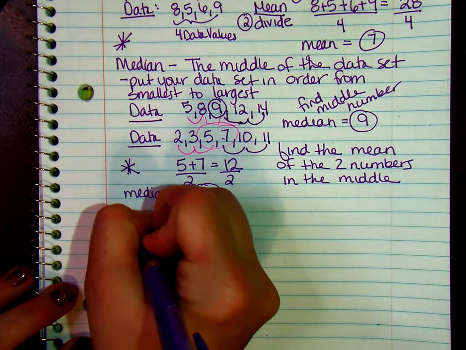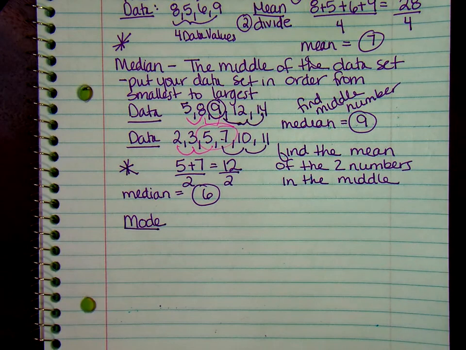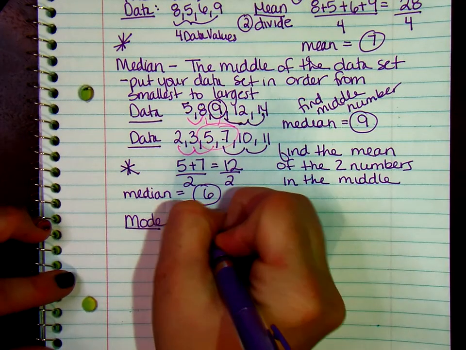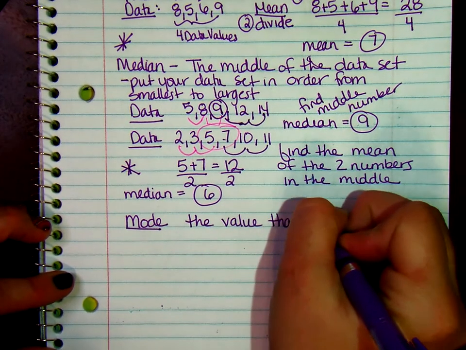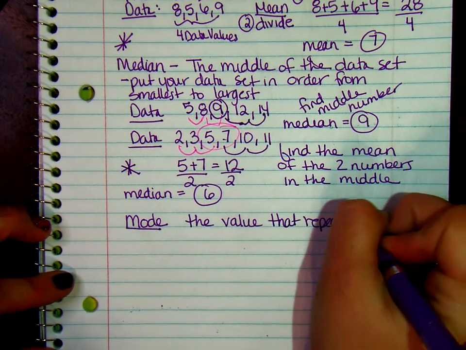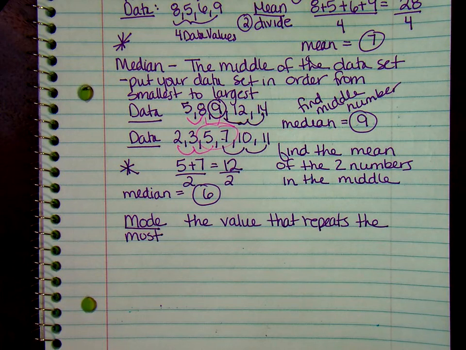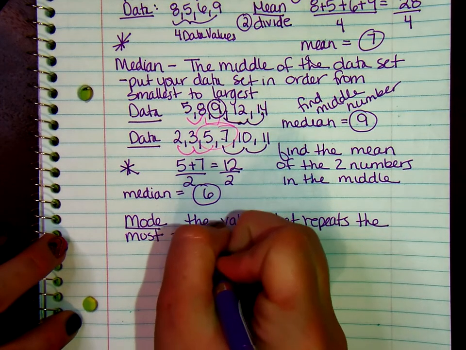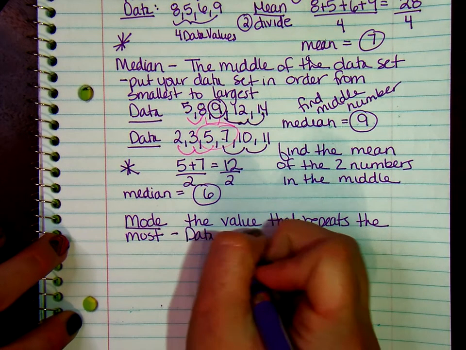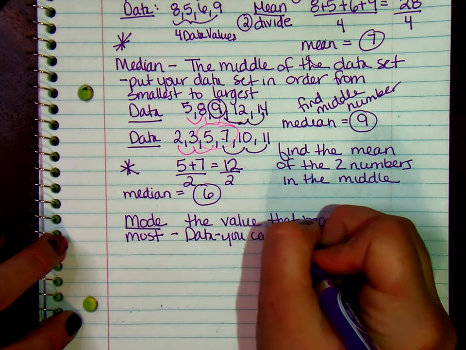So the final one is mode. Mode is the easiest, I think. With mode, you just have to find the value that repeats the most. Now, what's interesting also is in your data, you can have more than one mode.